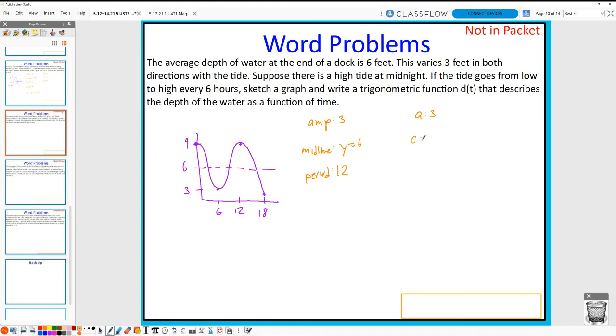My c value is 6. My b value, I do need to do some calculation. My b is equal to 2 pi over my period, so that tells me it's pi over 6. So putting it all together, y equals 3 cosine of pi over 6 x plus 6.